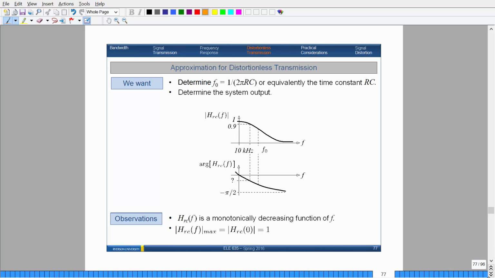Here are a couple of things that you want to take a look at. This is an RC circuit, a low-pass filter, so as you start increasing the frequencies, the magnitude monotonically decreases.